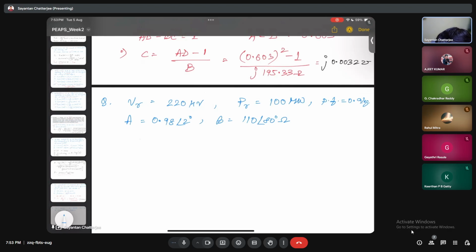So calculate VS. Calculate VS. This is the question.